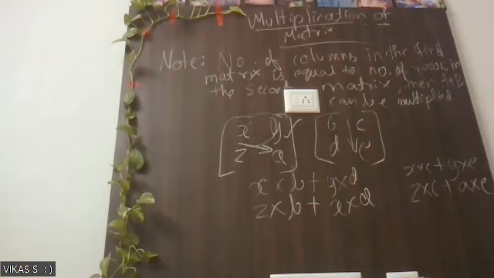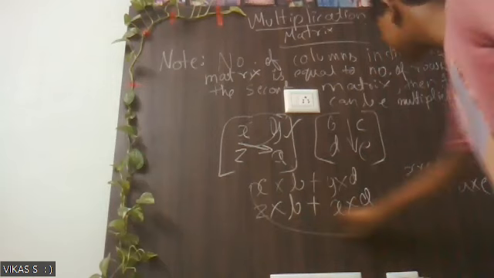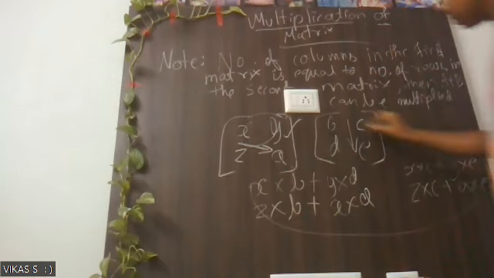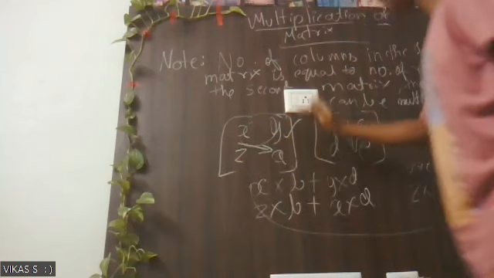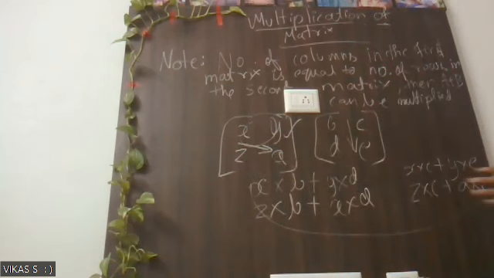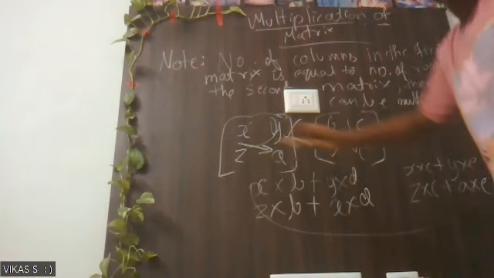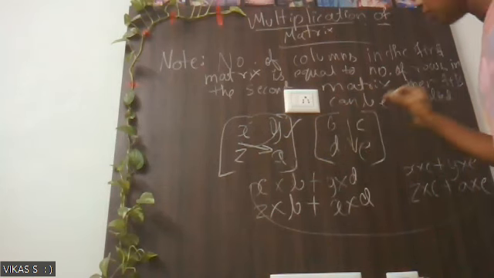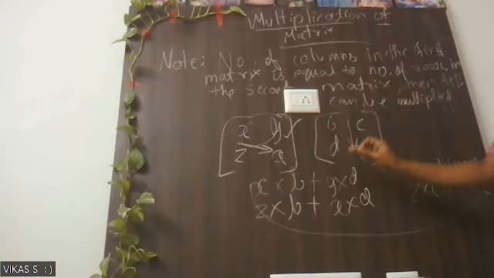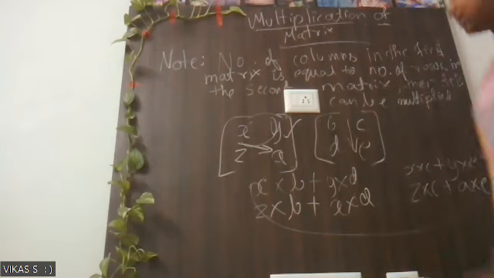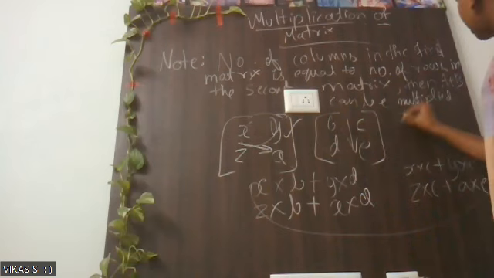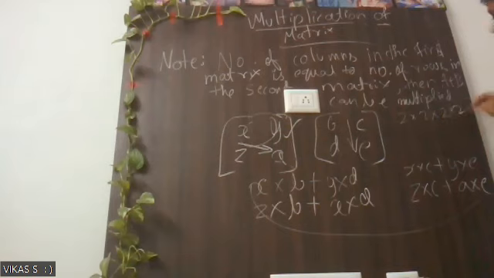But before solving, when you see a multiplication question, first, to verify your answer, you have to write m into n, meaning the order of these two matrices. That is 2 into 2, and this also 2 into 2.